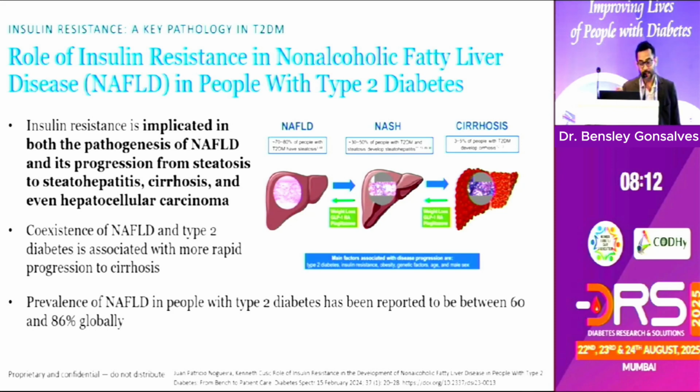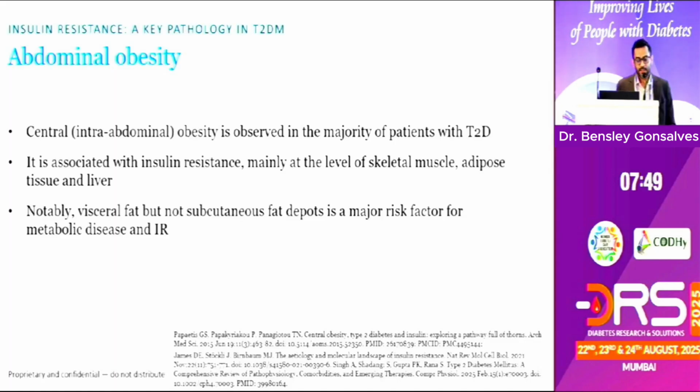Insulin resistance is itself a pathogenesis as well as a contributing factor to the progression from steatosis to steatohepatitis, cirrhosis, and maybe hepatocellular carcinoma. It is all the inflammation going on because of insulin resistance in the liver causing the sequelae of MASLD.